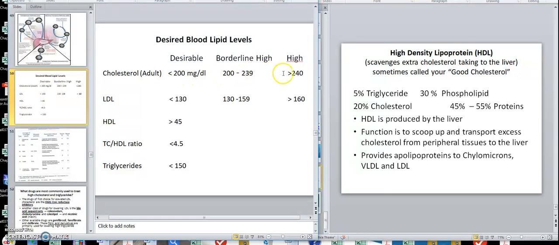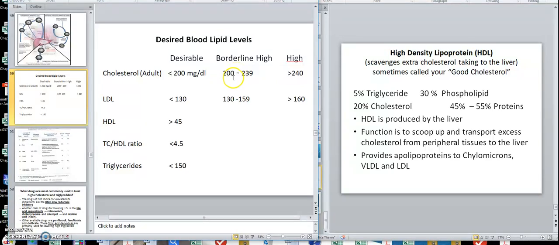So let's say you started out with a 240. We'll just use that, a 240. You used the diet and you were a compliant patient. When you came back, you were 215. Now you're down, but you're still higher than you should be, right?